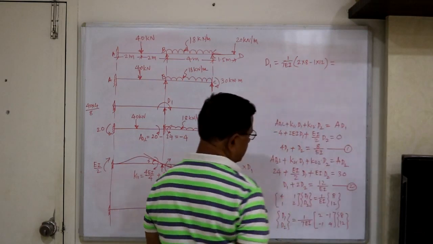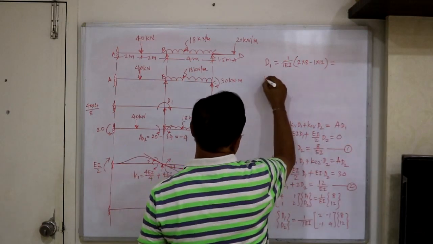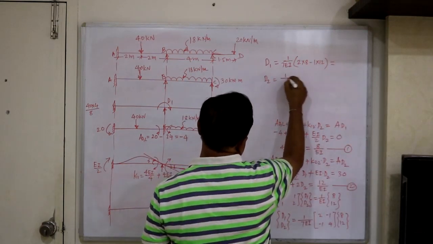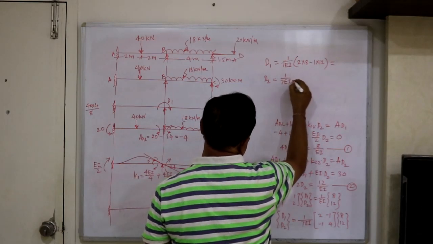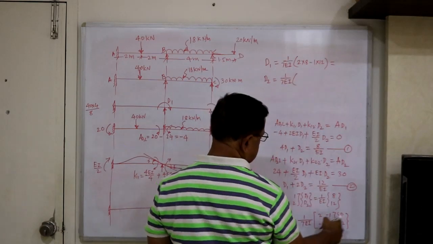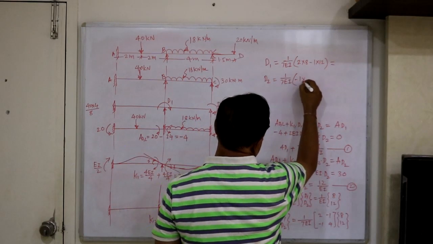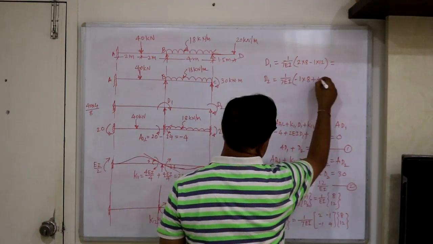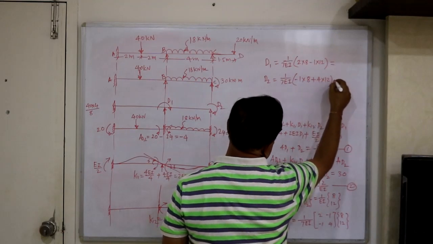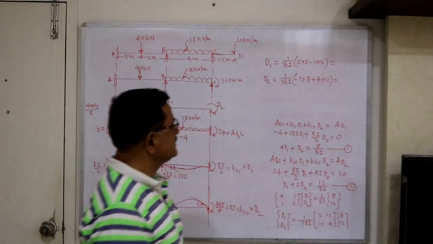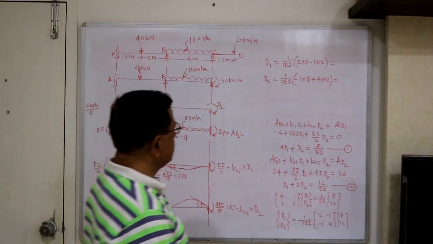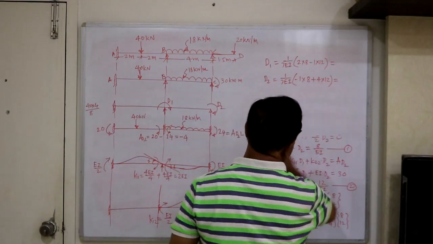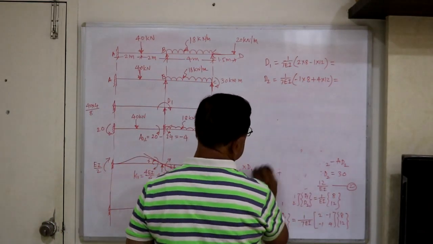So you will get d1. Then d2 is equal to 1 upon 7 EI into bracket minus 1 into 8 and 4 into 12. So you will get this in terms of EI. Now you do the calculations for this.